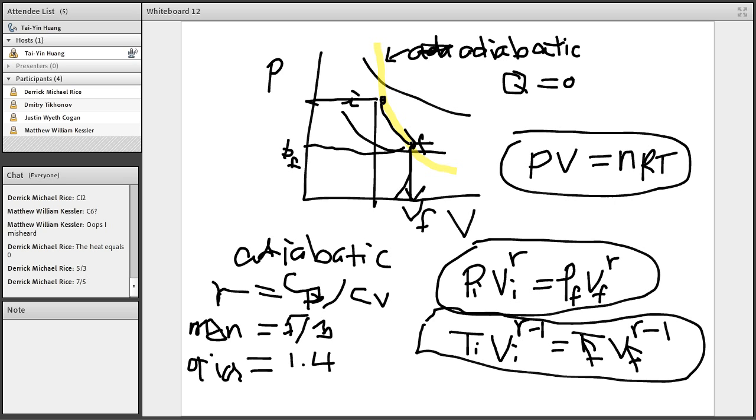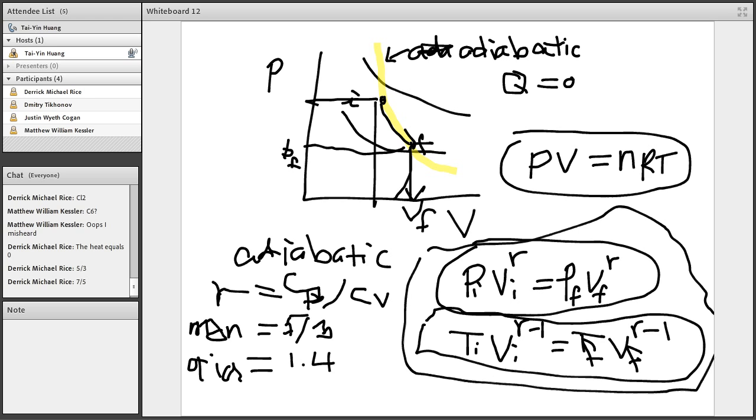So you might wonder, for a free expansion process, can you use these 2 equations? Because free expansion is adiabatic. Now, for free expansion, this is an exception. Although free expansion is an adiabatic process, these 2 equations cannot be used.